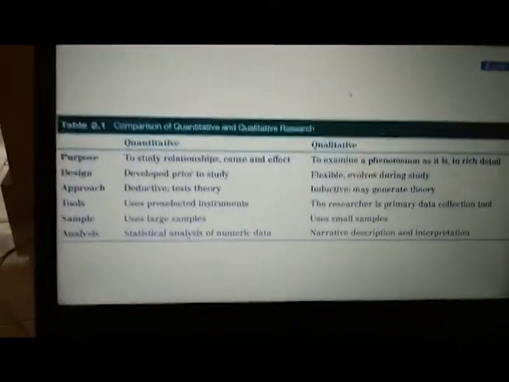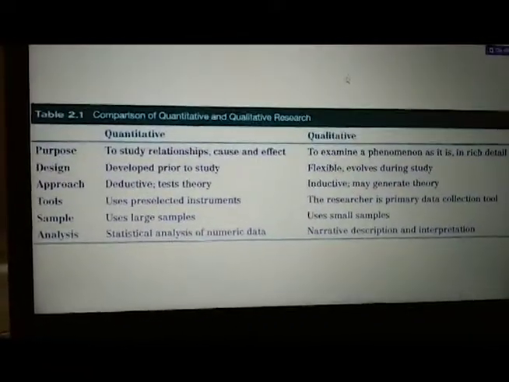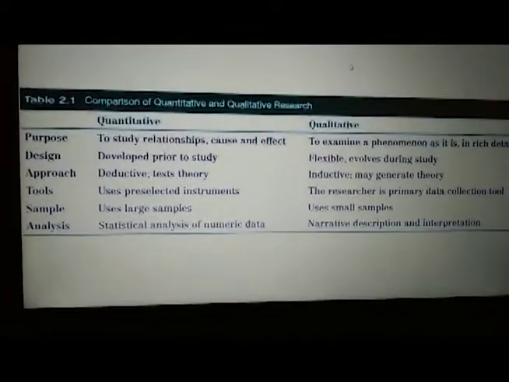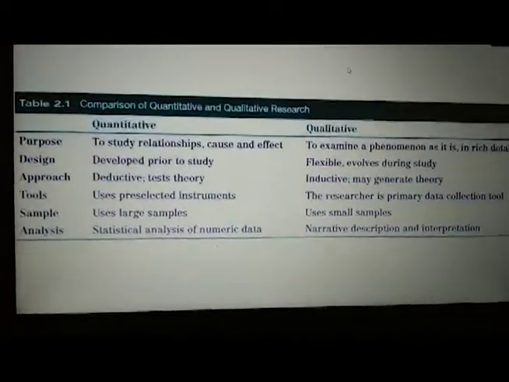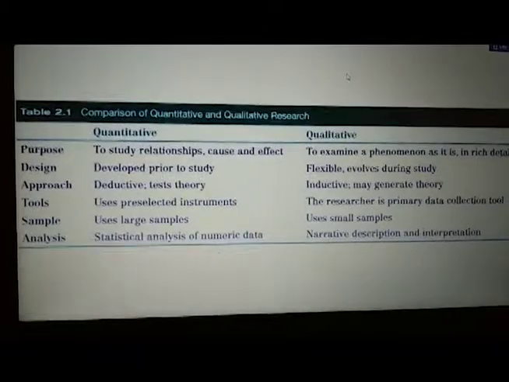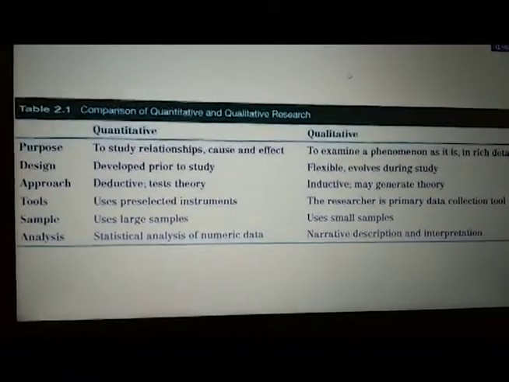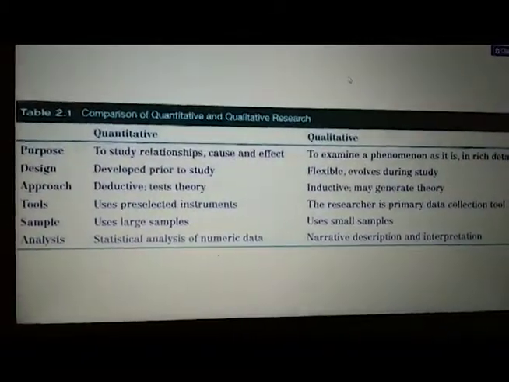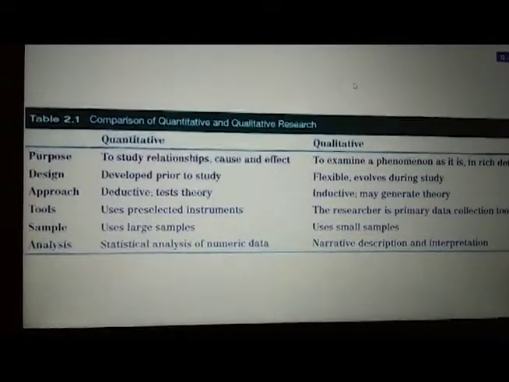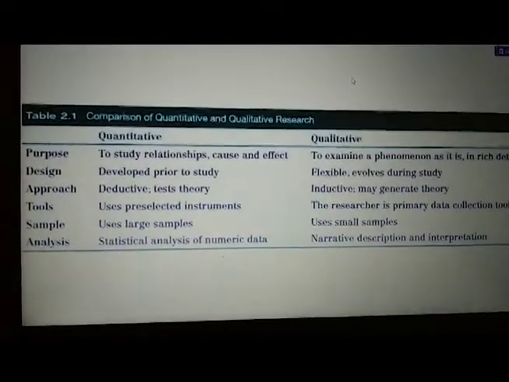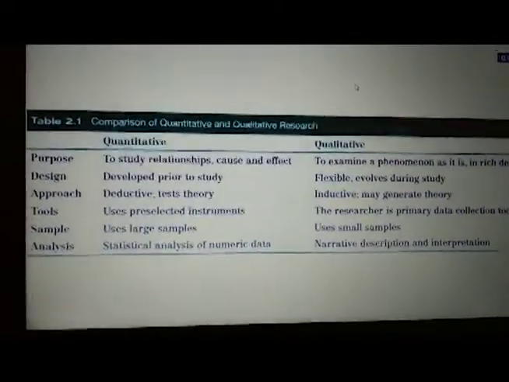Okay, now we look at the comparison of quantitative and qualitative research. Quantitative research is done to study the relationships, the cause and effect.